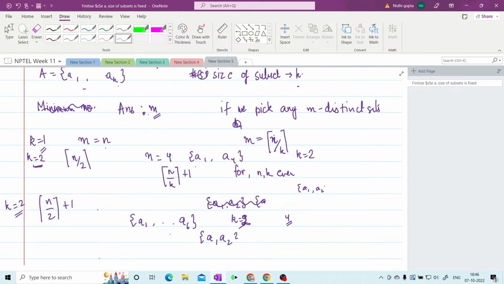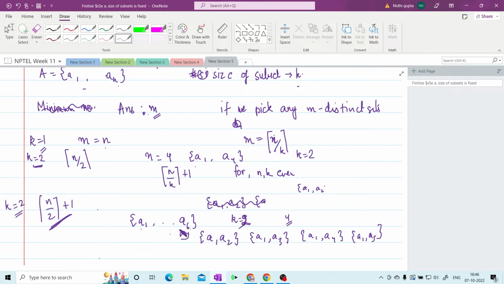Then also it won't be fine. We can take another collection, a1, a3, and then also this is not fine. Even if we add plus 1, this is not the answer. We have this counterexample.